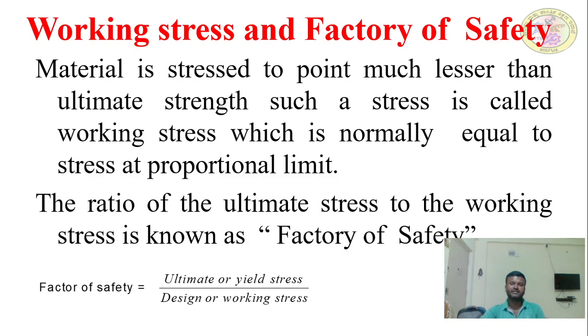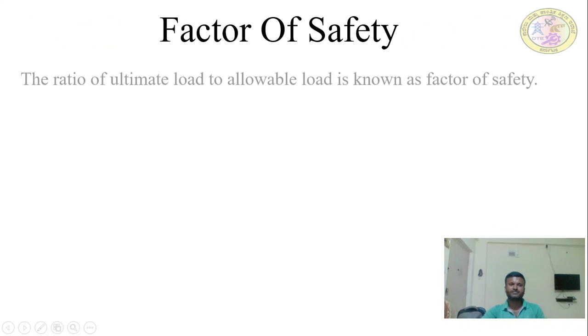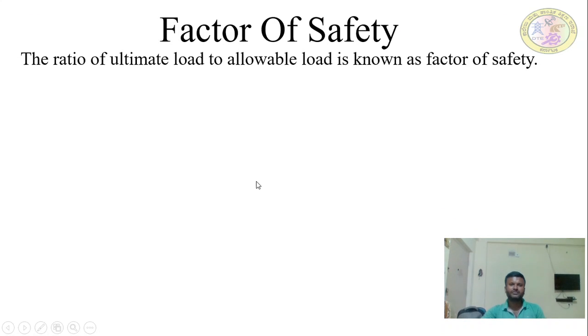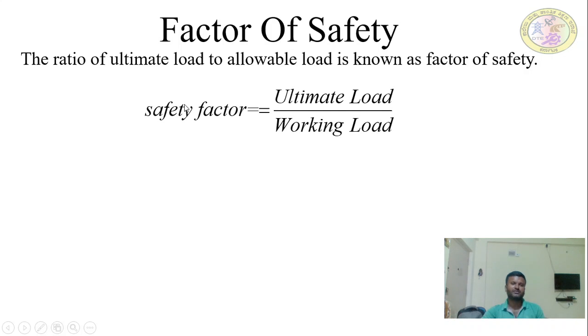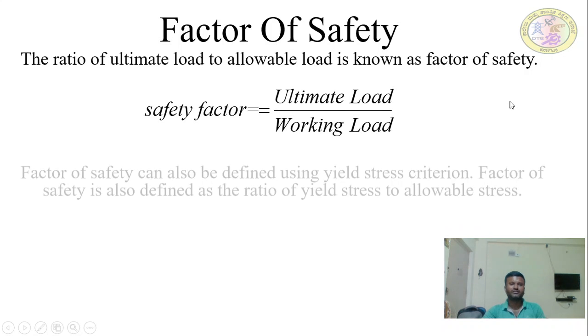Factor of safety is ultimate stress or yield stress divided by design or working stress. Next, the ratio of ultimate load to allowable load is known as factor of safety. Whether you call it strength or load, it is also called ultimate load divided by working load.